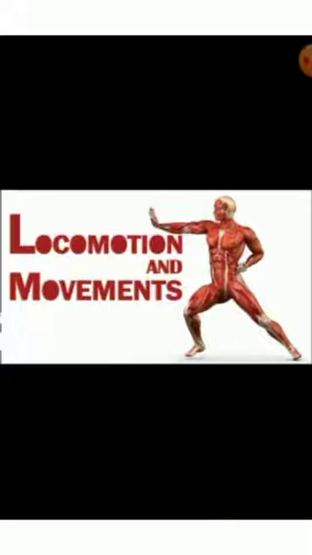Now, the second main thing of a living thing, that is they can move. So, living things can move. The second characteristic is locomotion and movement. So, what is locomotion? See, in this picture, you can see a dog is running with the help of his feet.